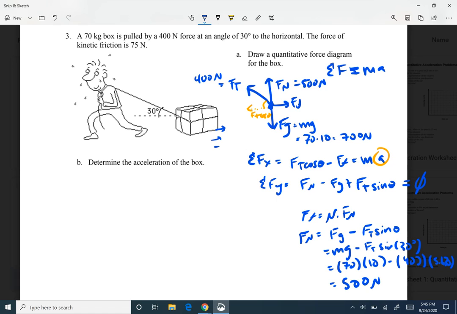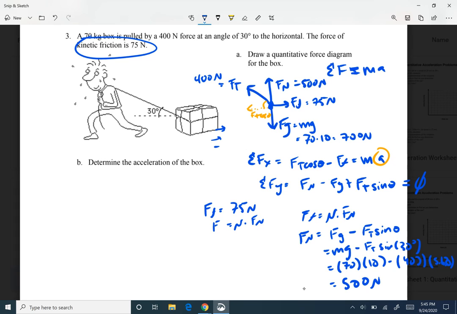Now we can find our force friction. Force friction is equal to mu. Oh, wait. We were told our kinetic friction. It's 75 newtons. I still wanted to show you the steps anyway. Because now, since we know that force friction is 75 newtons, we know that this is equal to mu times our force normal. We can now find out what mu is.